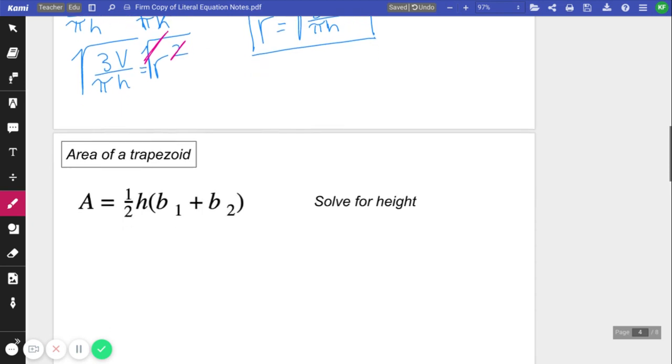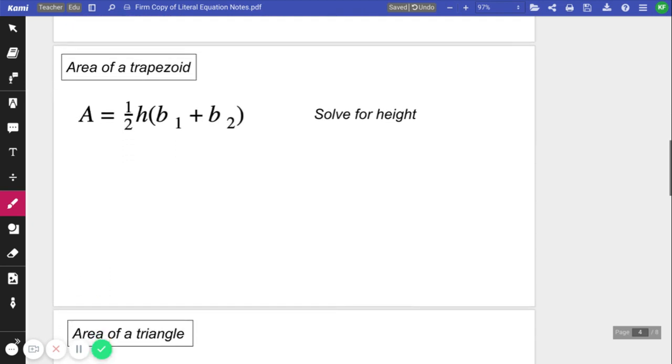Let's look at the next one, area of a trapezoid. We are solving for height. So again, I'm going to circle the one I'm solving for. You might be tempted to say here, ooh, I see parentheses, so I probably need to distribute, because that's exactly what we should do when we're solving regular equations.